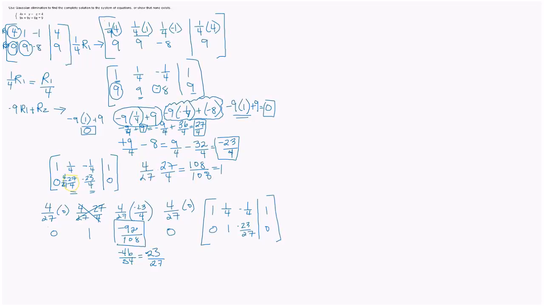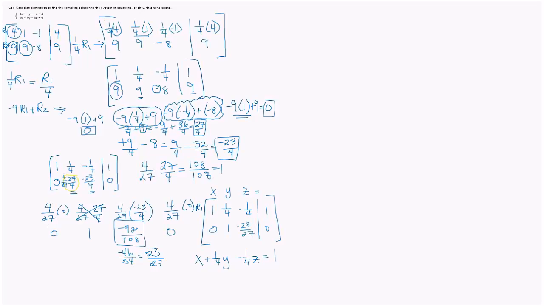So this first row here, remember that this is my x value, my y value, and my z value, and what they're going to be equal to is on this side. So that first equation is going to be x plus 1/4 y minus 1/4 z is equal to 1.